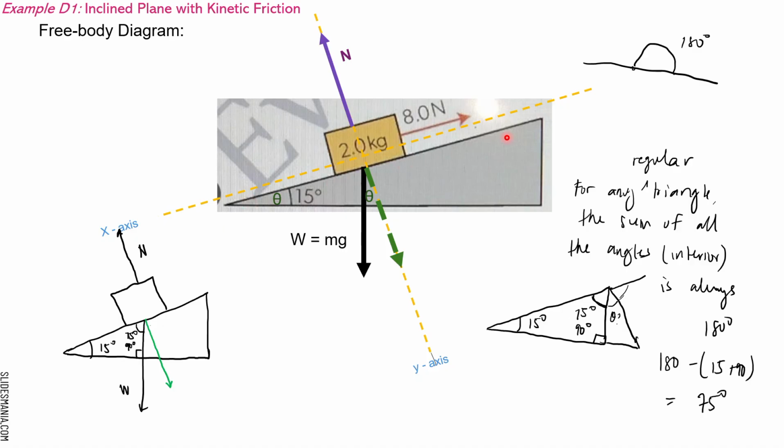So if this ramp right here is the surface, then this normal force is perpendicular to the surface itself. If we extend this normal force as we did with the y-axis, then this green arrow right here, which is collinear or aligned with it, should also be perpendicular to the ramp itself.